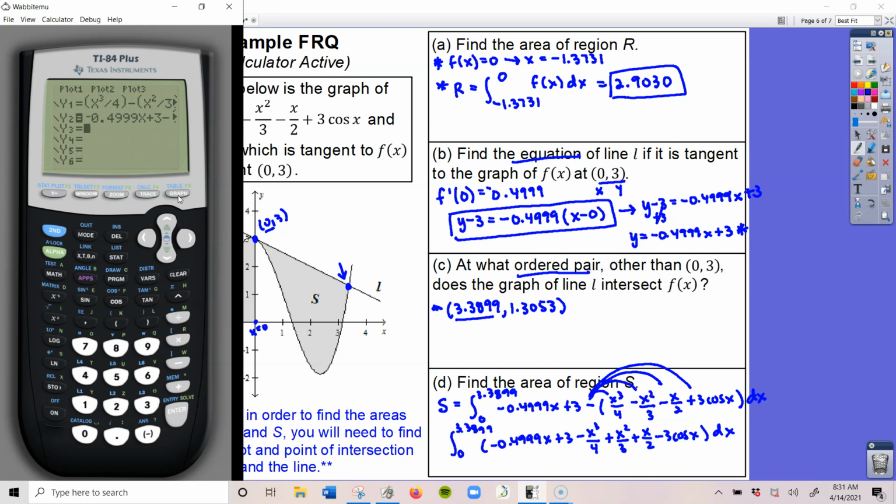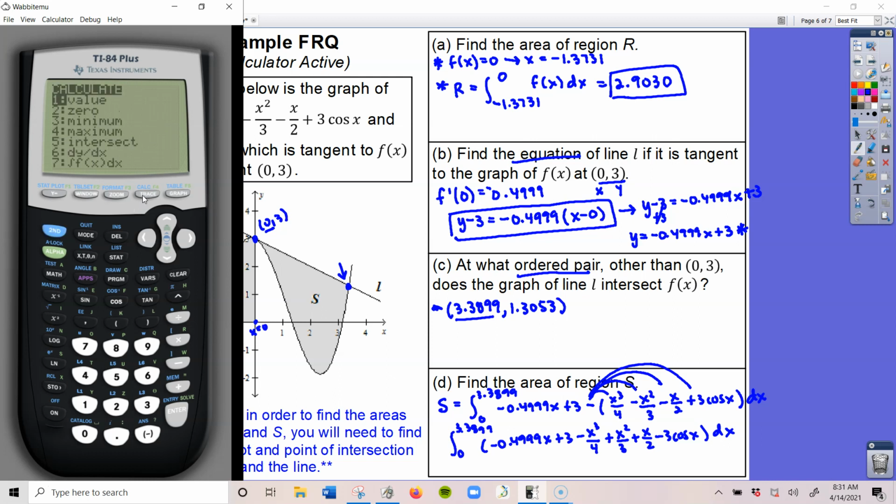And now I'm going to go ahead and graph that. Your graph is obviously going to look different than what we have pictured behind us because this is an entirely different function. So now I'm going to integrate based on these points of integration here.